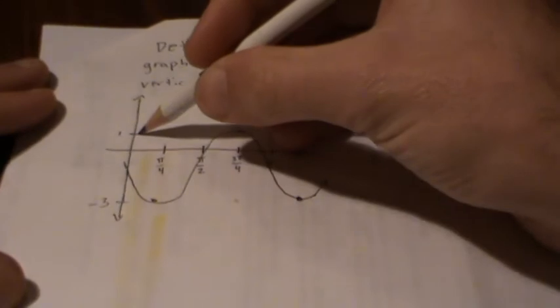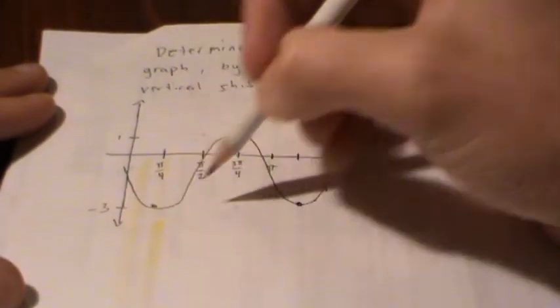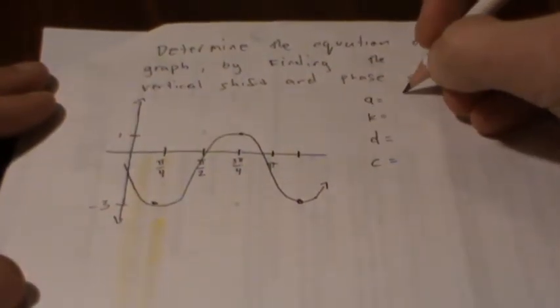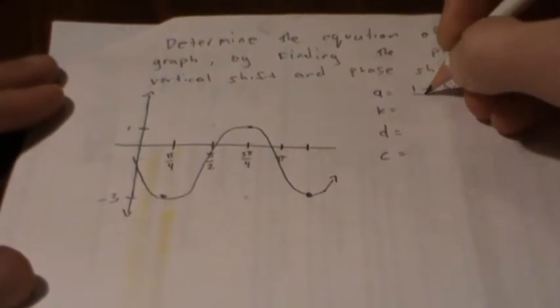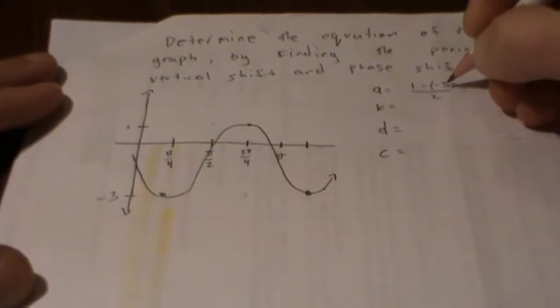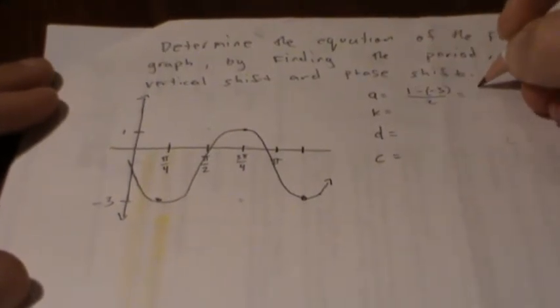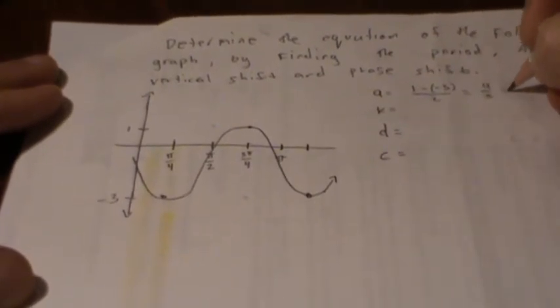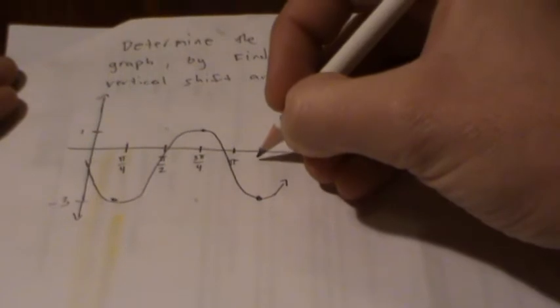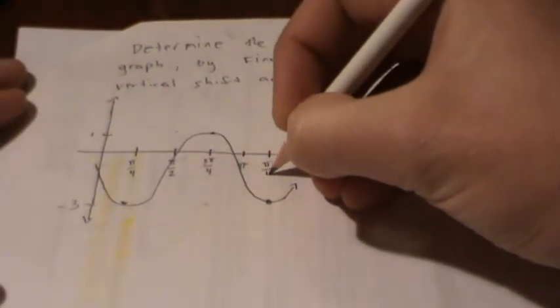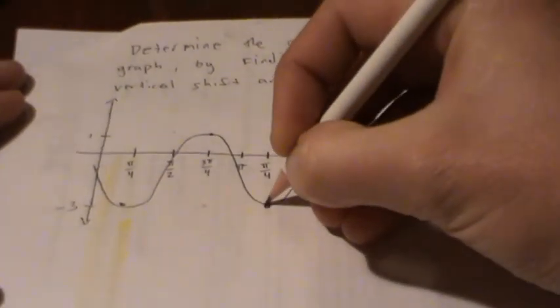It's pretty clear that my maximum is 1 and my minimum is -3. So 1 minus -3 divided by 2, or 4 divided by 2, or 2. So that's my amplitude. And then this is pi over 4 here.